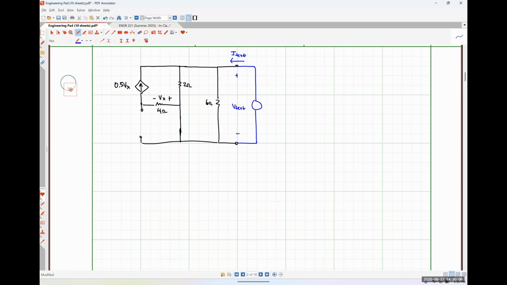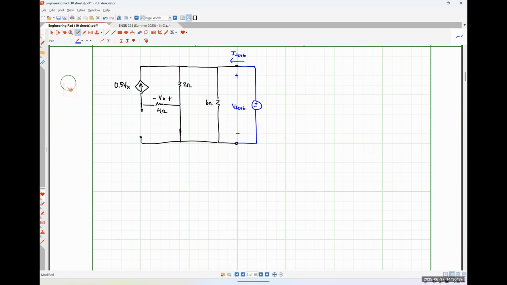It literally does not matter if we choose to use a test current source or a test voltage source. I'm actually going to work it both ways to show you that we're going to get the exact same result. Let's start with a test voltage source. I'm arbitrarily choosing the positive polarity terminal on top, negative polarity on bottom, but it literally does not matter.